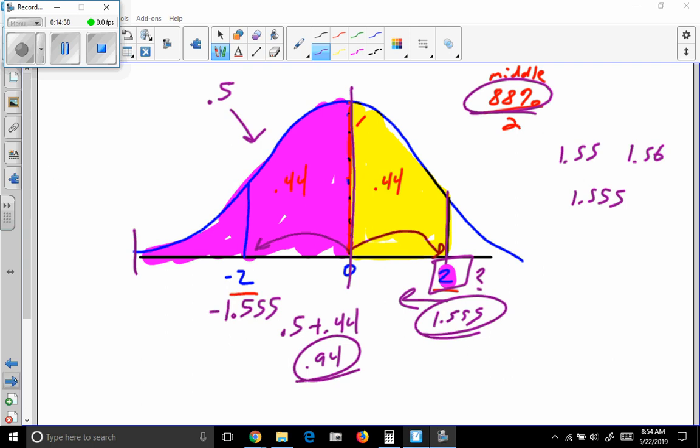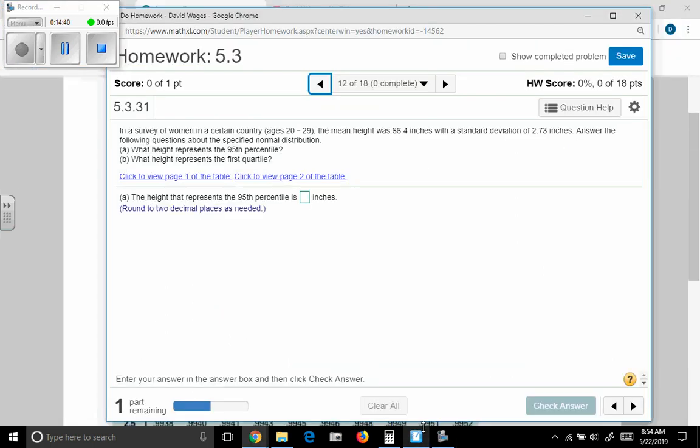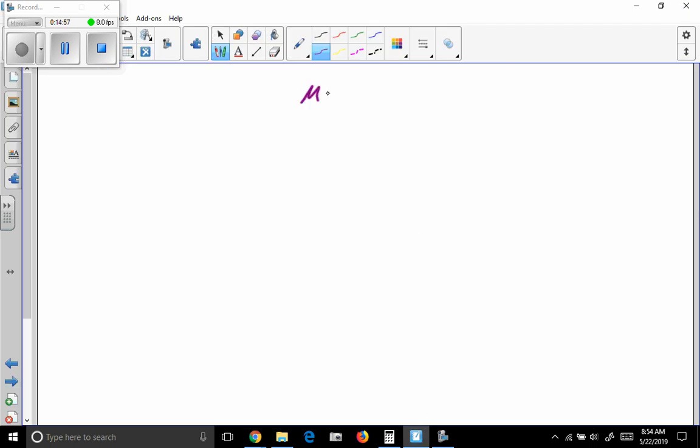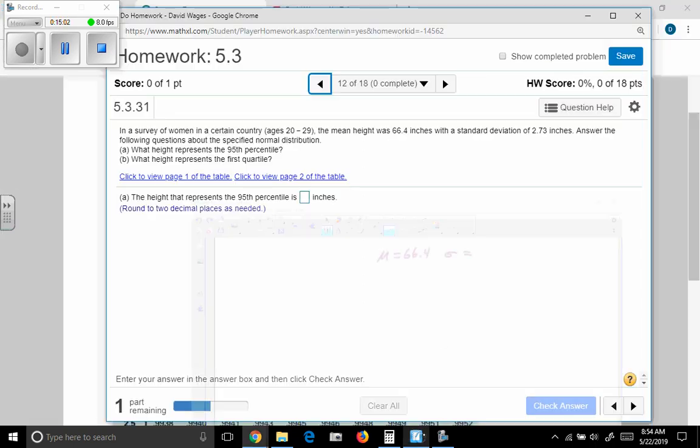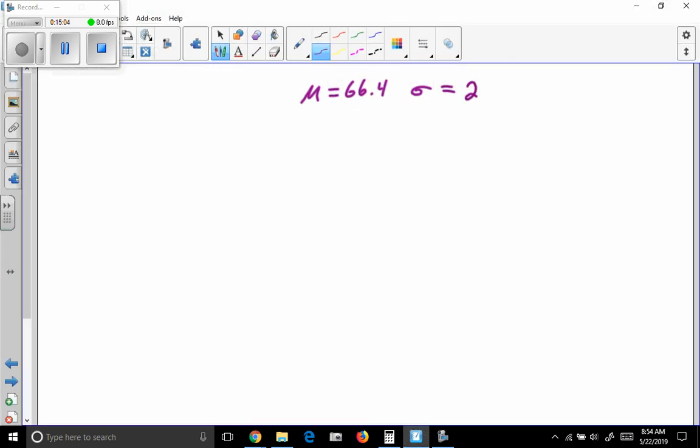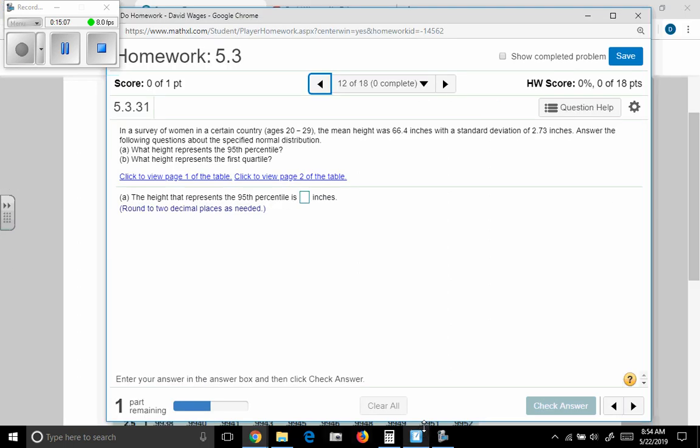All right, let's work through another example. This one says that in a survey of women in a certain country, and it gives the age range for these women, the mean height is 66.4 inches with a standard deviation of 2.73. So let's write that down. The mean is 66.4. The standard deviation is 2.73 inches. And they will ask us several questions. Let's do this one first.